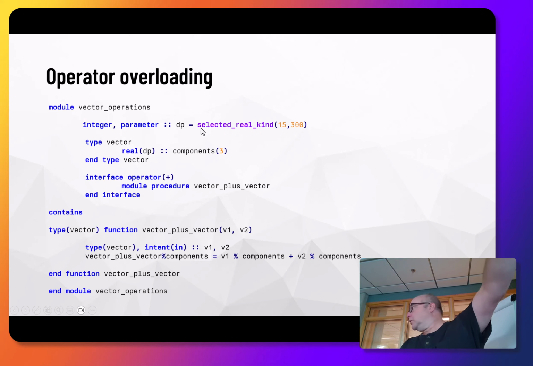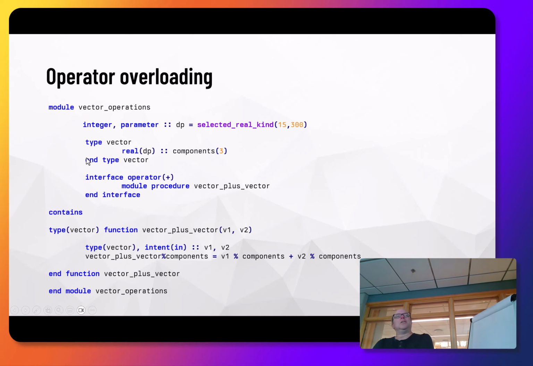Now I have the DP here. So you have a vector that has a real component with 3 components in it. And I can define operator plus here. And then I need to tell Fortran which subroutine to call when I use the operator plus for my vectors. So here you can see I have type vector, vector plus vector, v1, v2, and then I do my vector addition here.